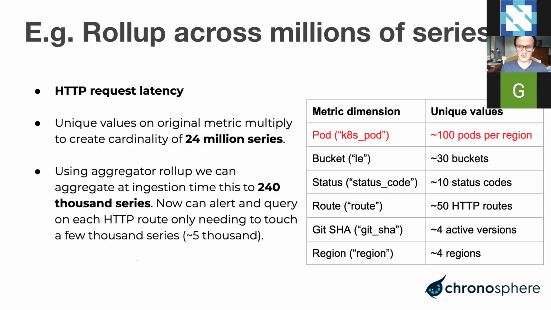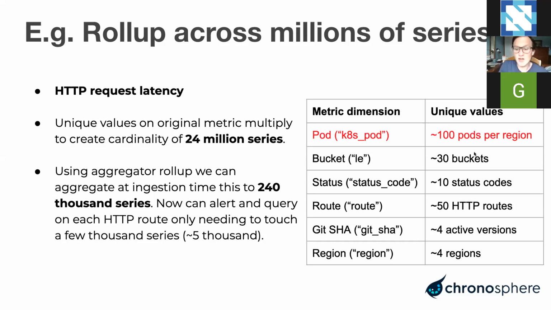So if we think back to our HTTP request latency example, let's imagine how many series would comprise this in a real life example. In this case, we're not just tracking the count of requests; we're bucketing the time that request took into many different histogram buckets.